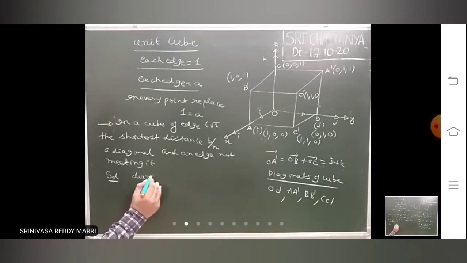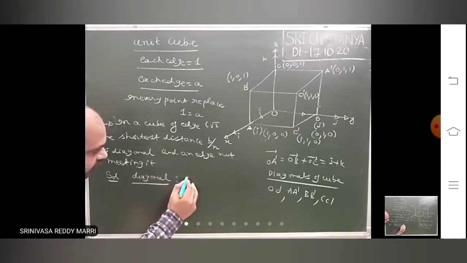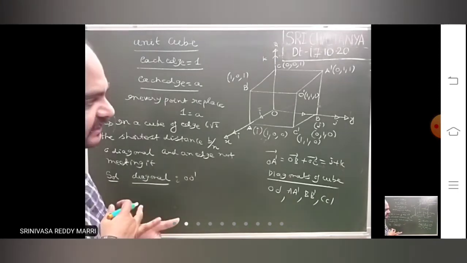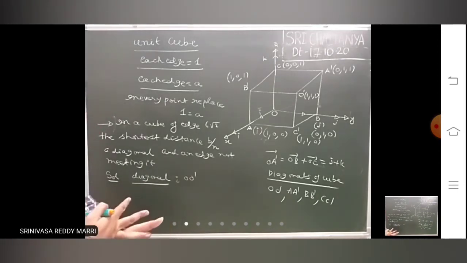I am taking one diagonal, the line O'. For finding the shortest distance, I told you R bar equals A bar plus lambda B bar and R bar equals C bar plus mu D bar.